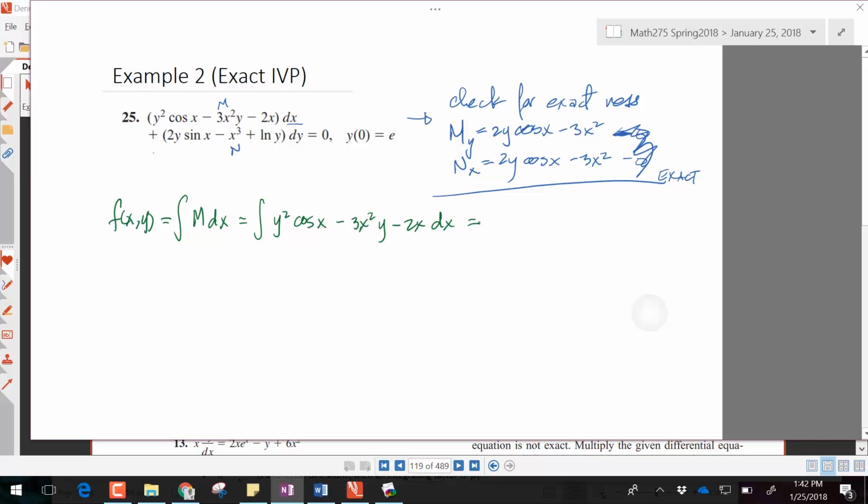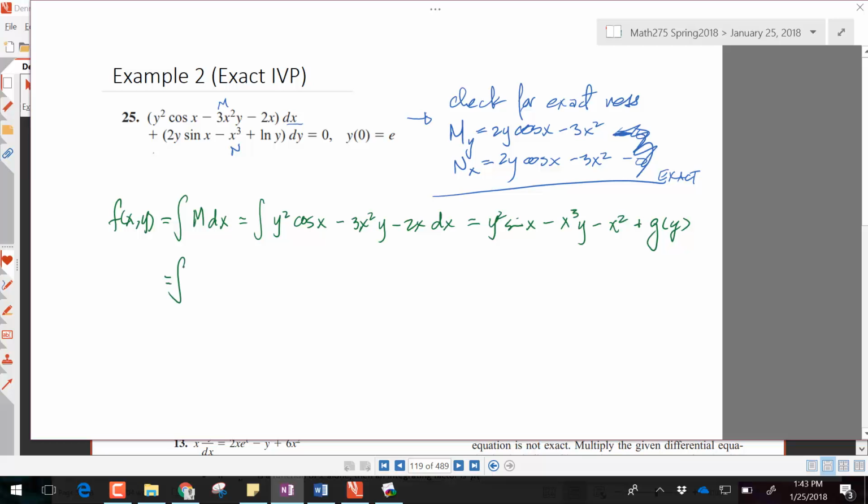So y squared is constant, the antiderivative of cosine is positive sine, so this remains positive. And here y is constant, so this is just going to be x cubed, and then minus x squared plus that C, but we're going to call it g of y to make room for the possibility that there's a y in there that would have disappeared if we took the derivative with respect to x.